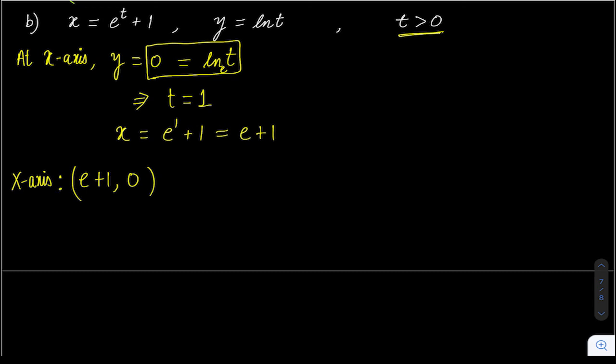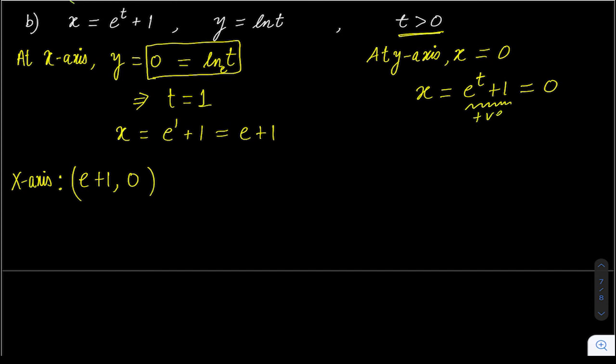Now let's find where it intersects the y-axis. So what happens at the y-axis? At the y-axis, the curve's x coordinate should be 0. What is my x coordinate? X coordinate is nothing but e power t plus 1. So this should be 0. And obviously, when t is greater than 0, this is positive, right? So it cannot be 0.